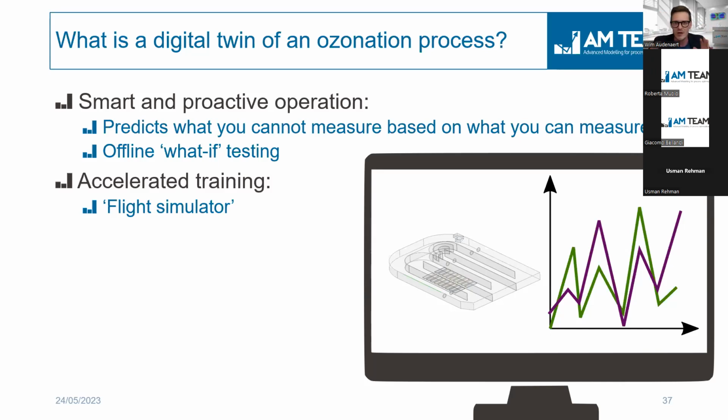For example, just imagine you would have a digital twin of ozonation that predicts in real time your bromate and the removal of your target contaminants, for example a set of 10 or 11 or 5 chemicals of interest. That would be of value because you cannot measure them in real time, but the operation depends on it.